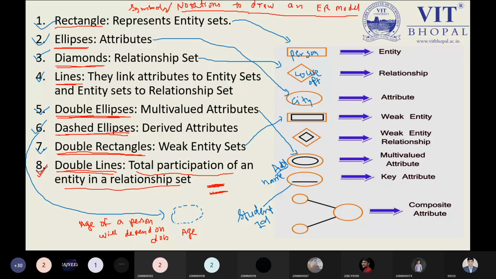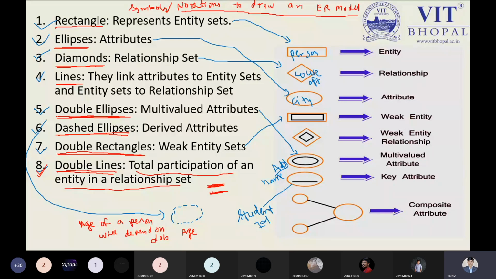So we have total participation between the student and college, because we are making the relationship properly, but we have at least one student in a college. That is the reason. So we will represent such information by the double line, or we can say it is known as total participation. That is the point.